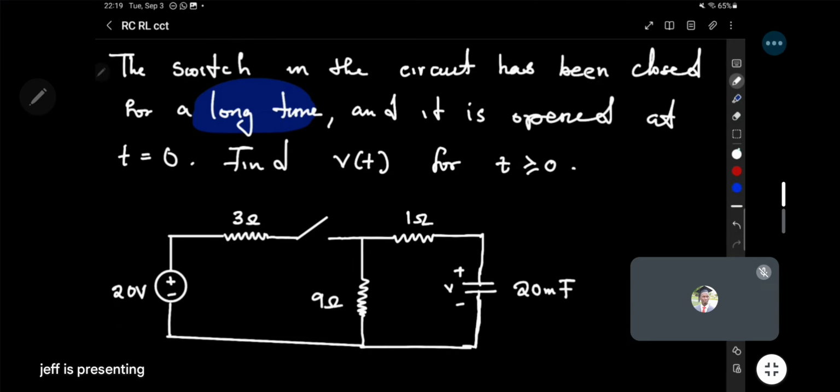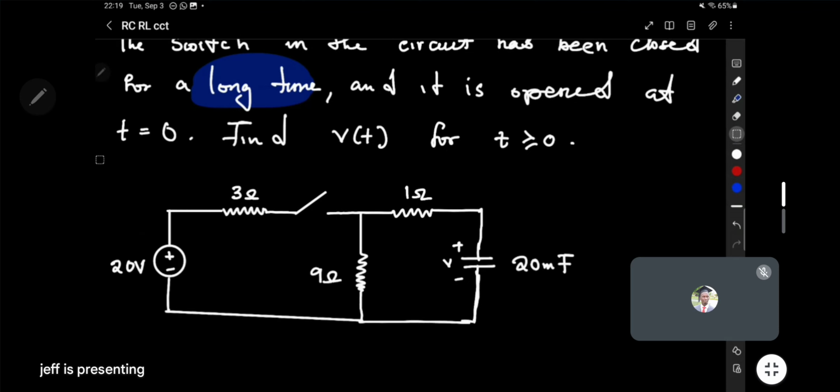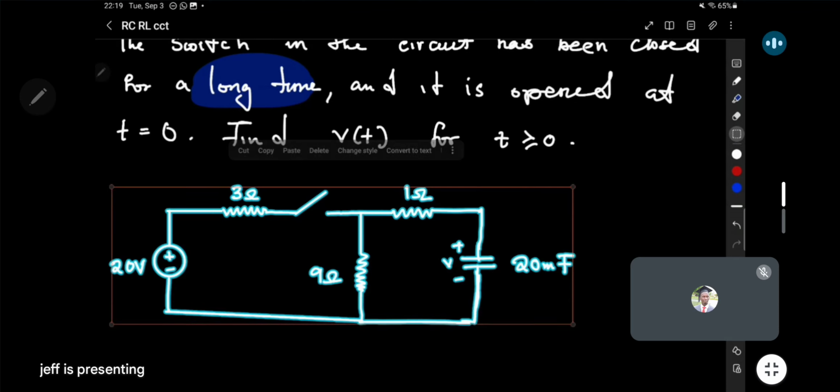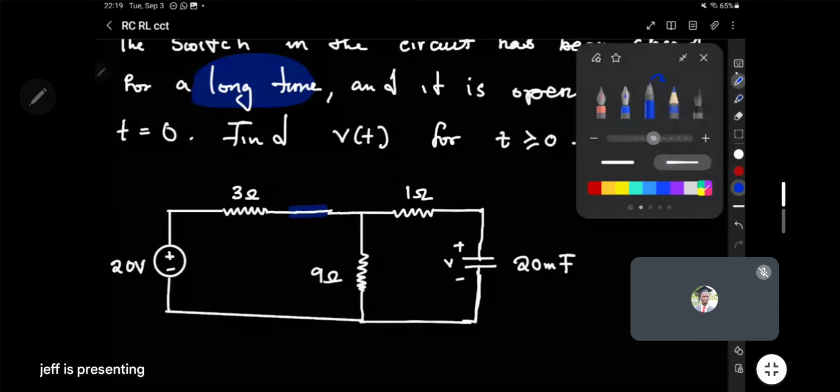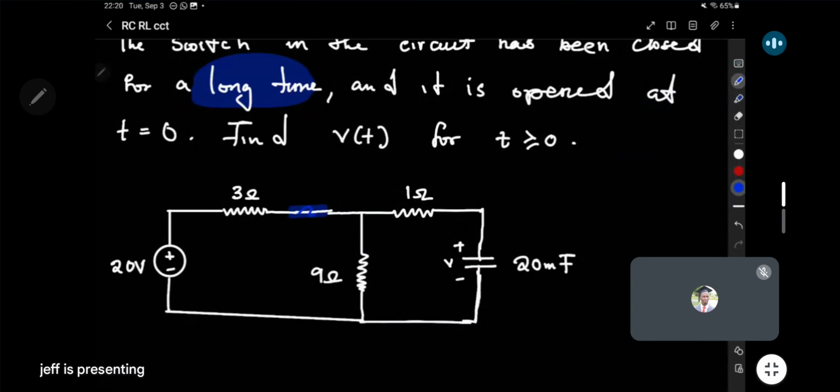Initially, when we get this problem, what was there was that the switch was closed. So initially we had this. Initially the switch was closed.